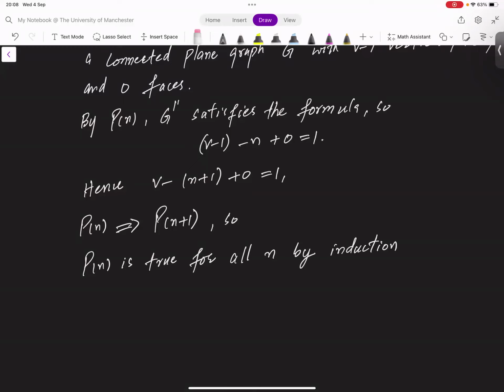This completes the proof of theorem 9.2 and hence Euler's theorem 9.1, because 9.2 implies 9.1.